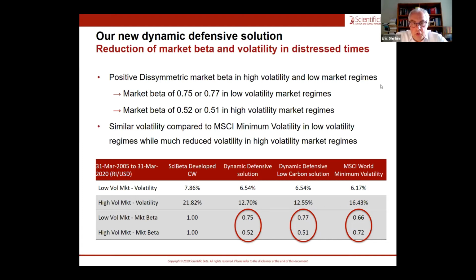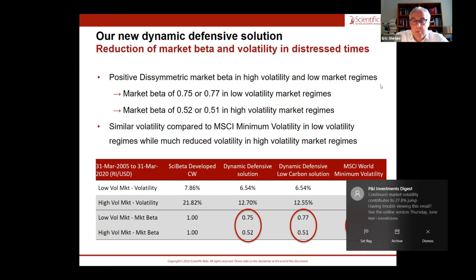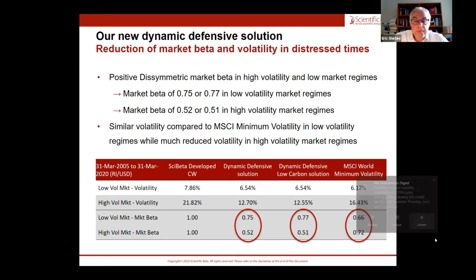So if we look at the first 2 rows of this table, you can see that in a low vol regime, we have pretty much the same volatility as the MSCI minimum volatility strategy. However, in a high volatility regime, where we're avoiding some of the exposure to the market, you can see that we have a much lower volatility during high volatility market regimes.